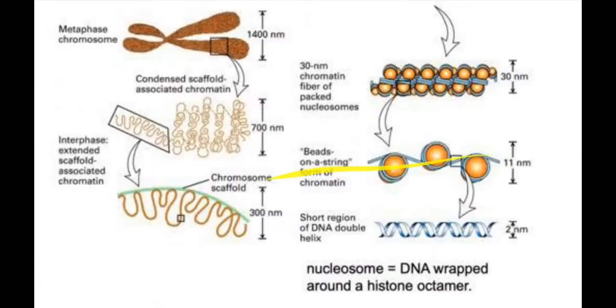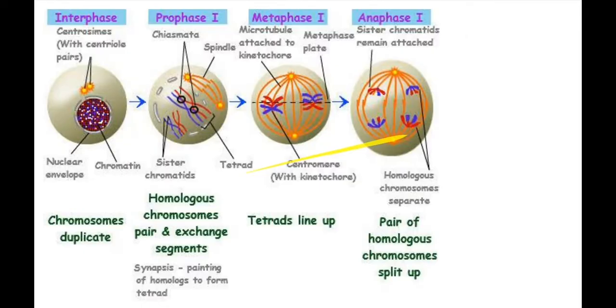Okay, we will go further, and as I said, we have chromatin fibers, and they replicate and condense into X-shaped chromosomes, which further will be combined in homologous chromosomes. They group together, pair together.